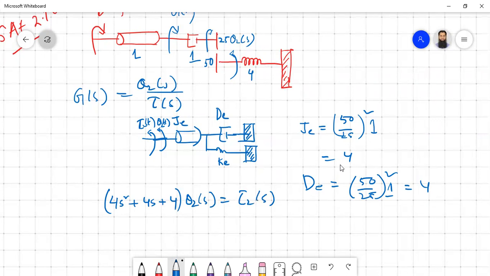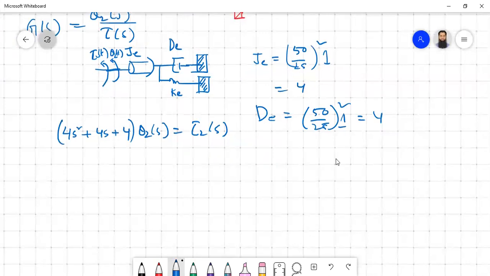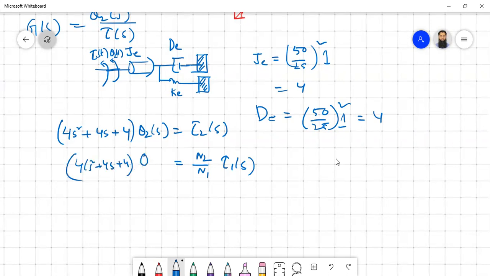But our relation says that we have to figure it out in terms of tau 1. So you just replace the value here. Tau 2 is basically n2 by n1 times tau 1 s. Okay, so 4s square plus 4s plus 4, theta 2 s.